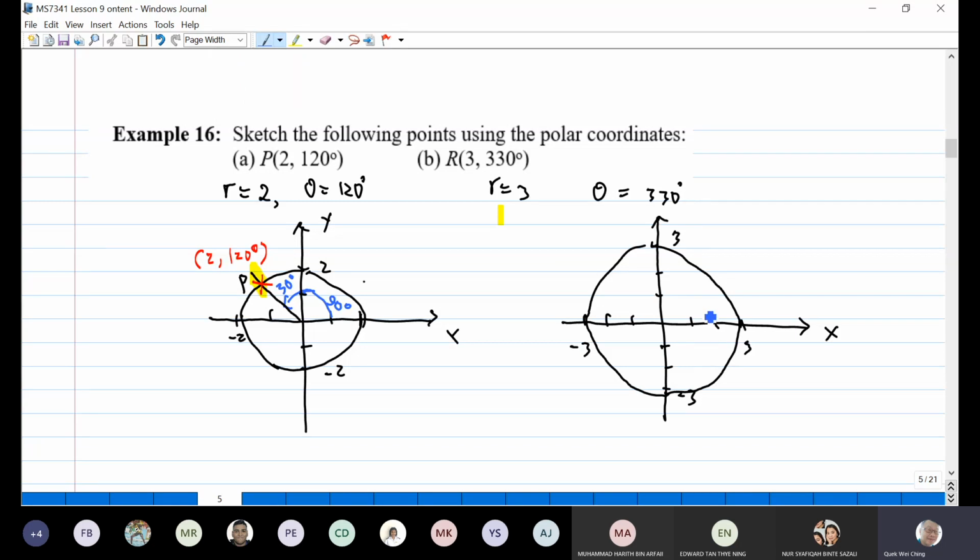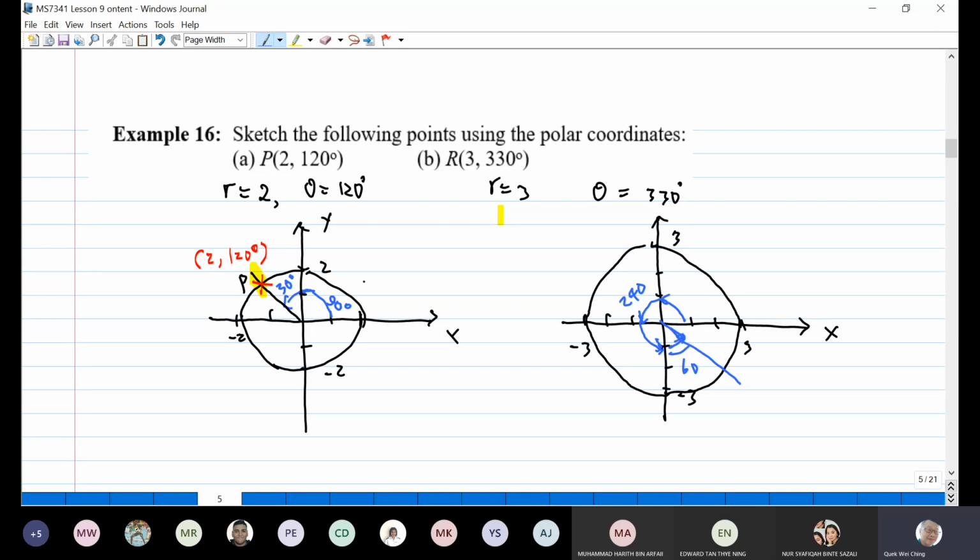You should get, okay, so this is 90, this is 180, this is 270, 270 plus another 60 here. So this angle is 60 here. This angle up to here is 270. Right? Then another 60. Okay.